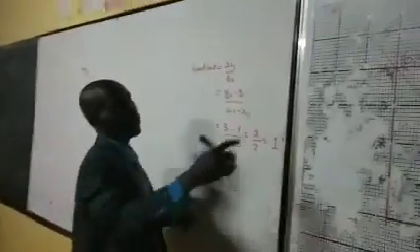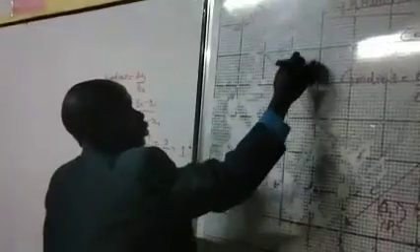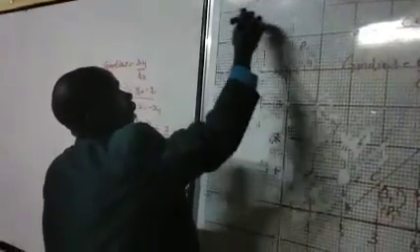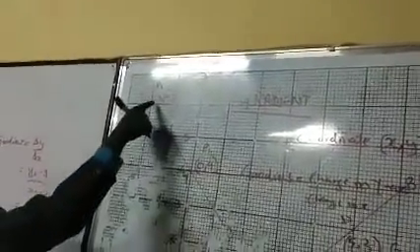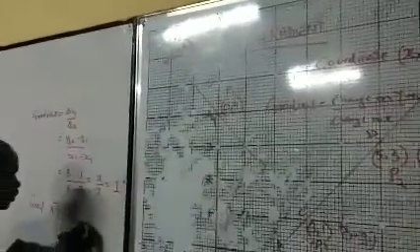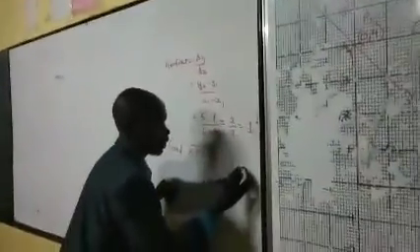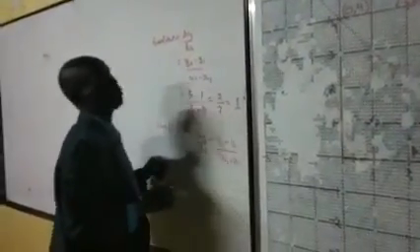And therefore, if we take point T, which is 0, 4, to be our P1, and point W, which is negative 2, 6, to be our P2, then this is the x2 value and this is the y2 value. This is the x1 value and this is the y1 value. So our gradient will be y2 minus y1 over x2 minus x1.